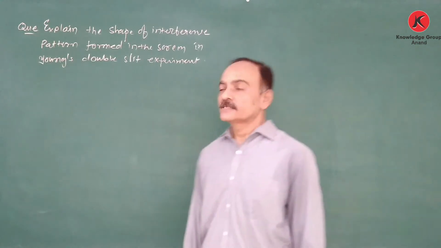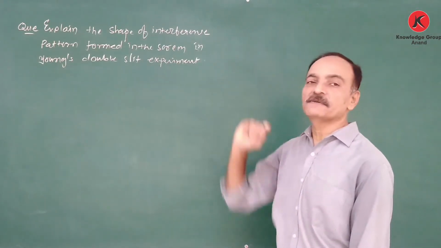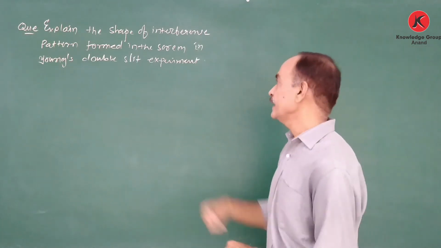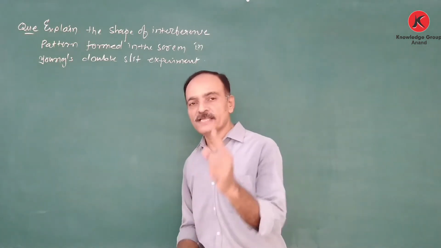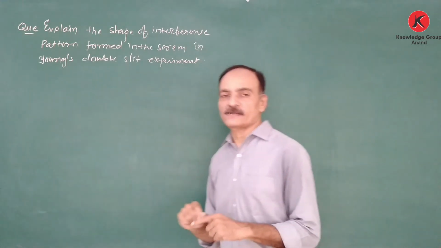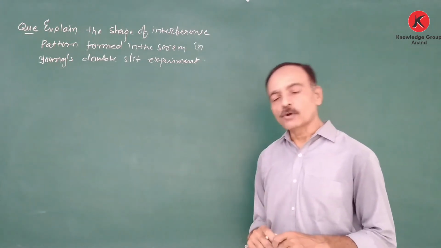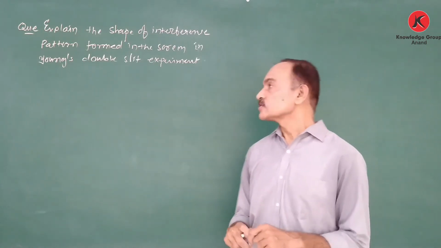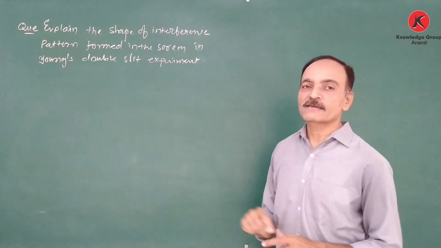Just we derive the equation of the distance between two bright and two dark fringes. After that, in Young's double slit experiment, we obtain the interference pattern. What should be the shape of this interference pattern? Always a straight line, all the fringes are straight. For that purpose, here we are discussing that.